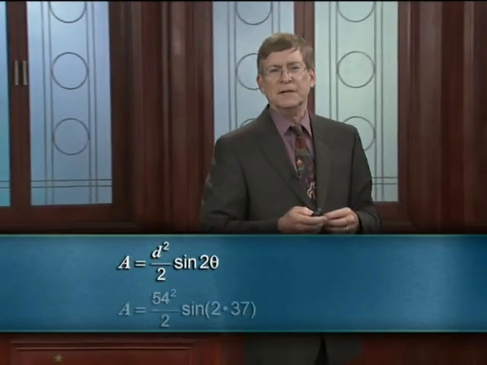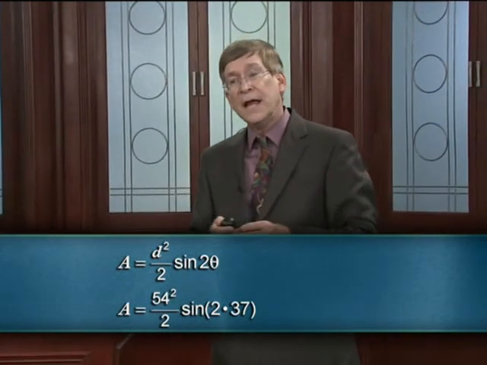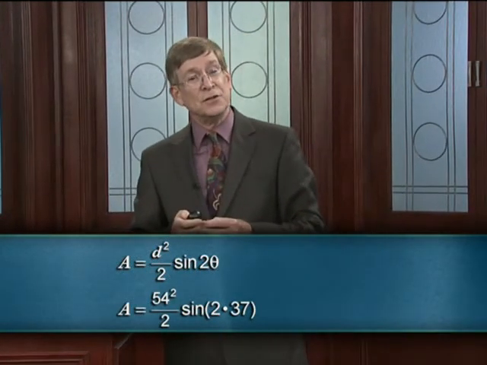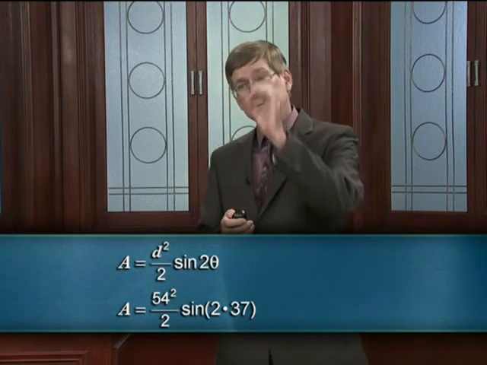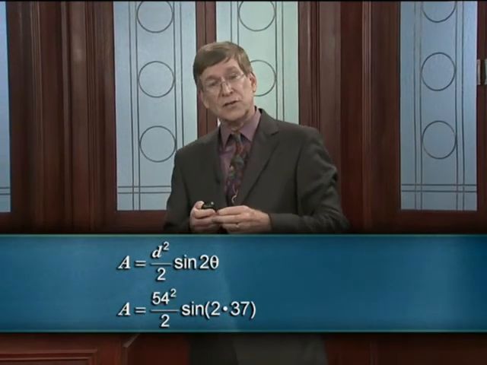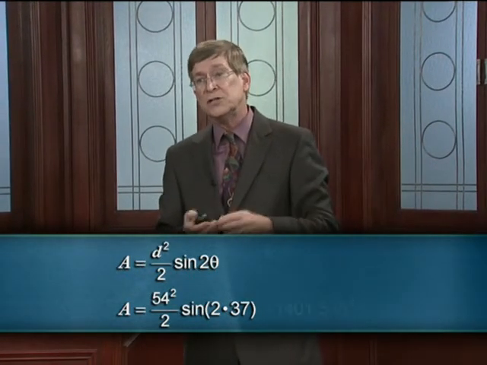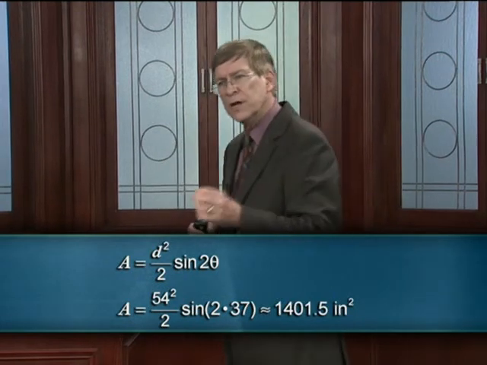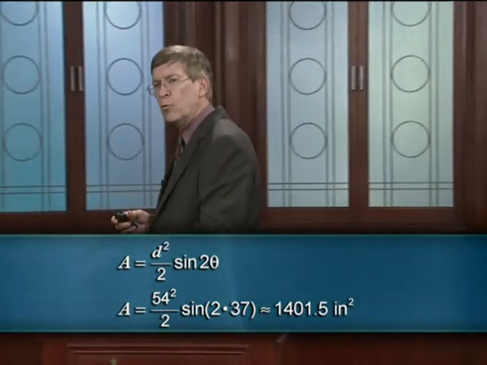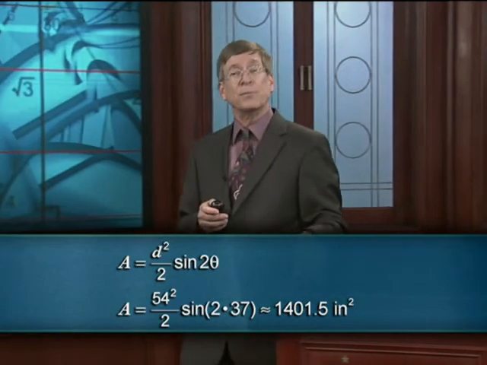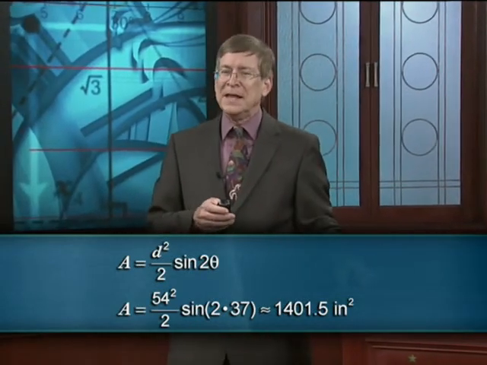For instance, if D is 54 and theta is 37 degrees, you plug those in, 54 squared over 2 times sine of 2 times 37 degrees, use your calculator, and you get 1,401.5 square inches approximately.